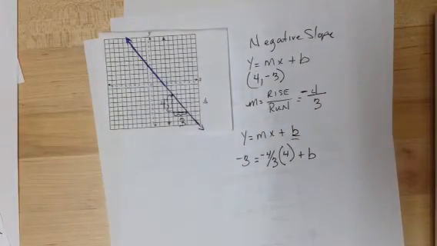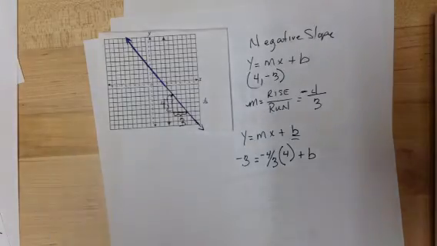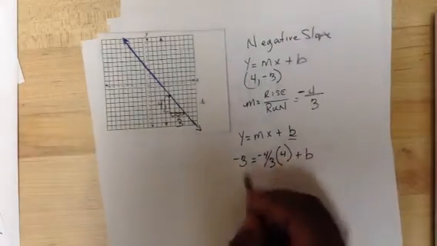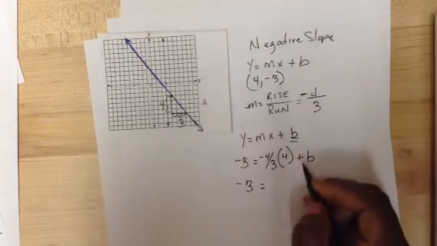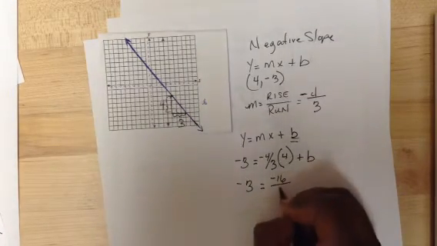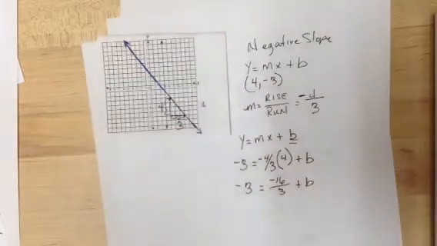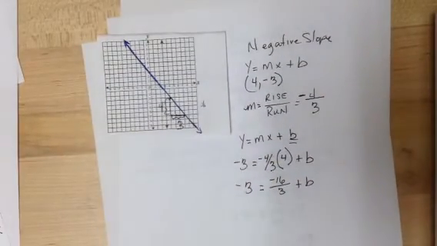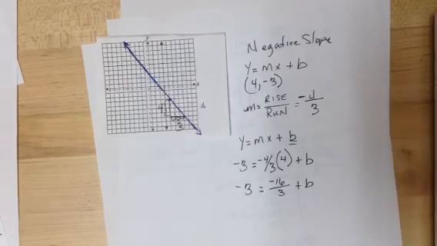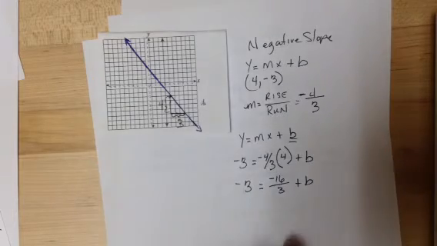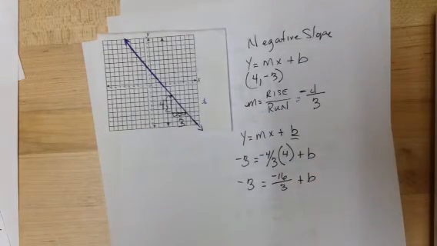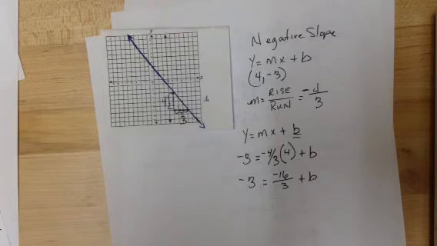When I multiply all of this out, that's going to give me -3 is equal to -4/3 times 4, which is -16/3, plus b. Now, this brings me to a one-step equation. I need to isolate b and solve for b on its own. How do I solve for b? I have a -16/3.